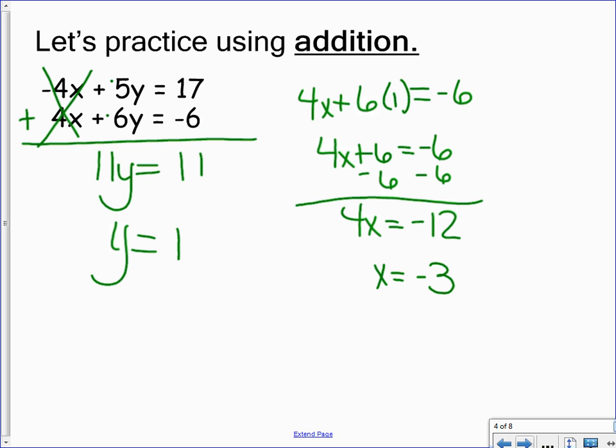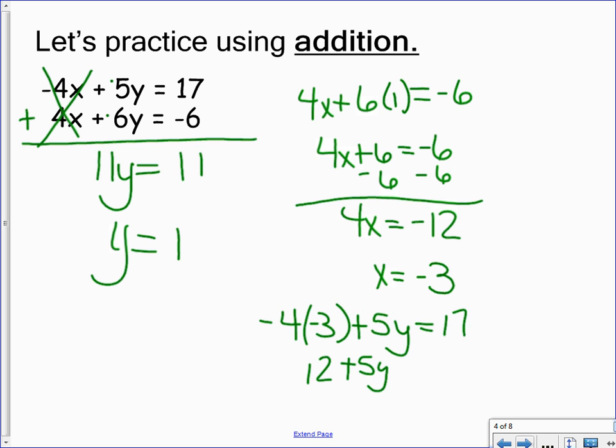X is negative 3. Negative 4 times negative 3 plus 5y equals 17. 12 plus 5y equals 17. Subtract 12. 5y equals 5. Y equals 1.